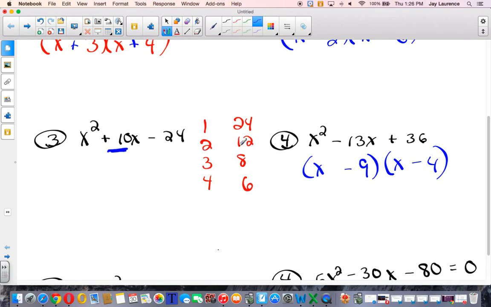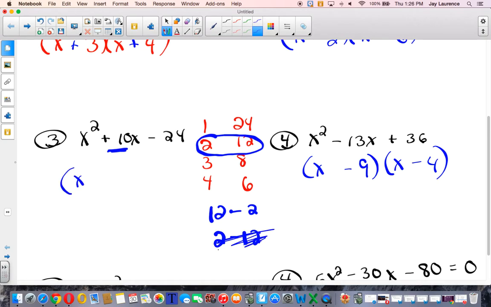Well, I'm thinking 12 and 2. Now I have a question for you. Do we want the problem to be 12 minus 2, or do we want it to be 2 minus 12? Well, I think we want 12 minus 2, don't we? Watch how easily this factors. X plus 12, minus 2.